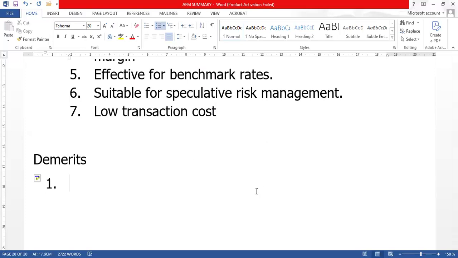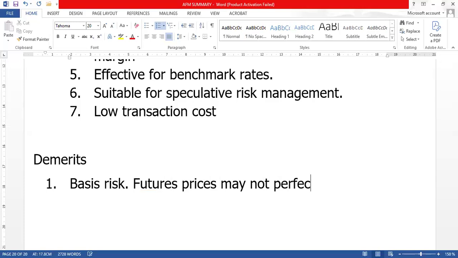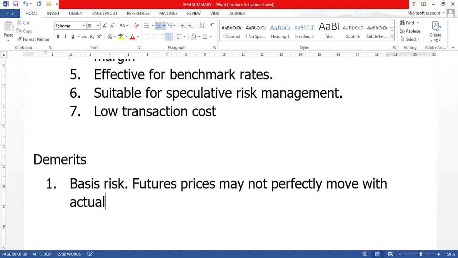There is a basis risk. I am going to explain this in detail in one of the sessions that we are going to conduct. But basis risk happens in a scenario where the futures price may not perfectly move with the actual loan rates.